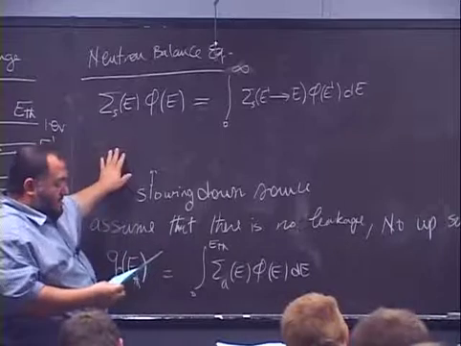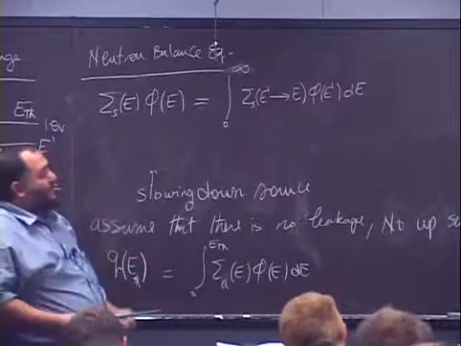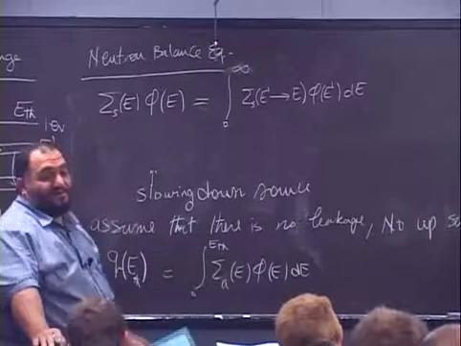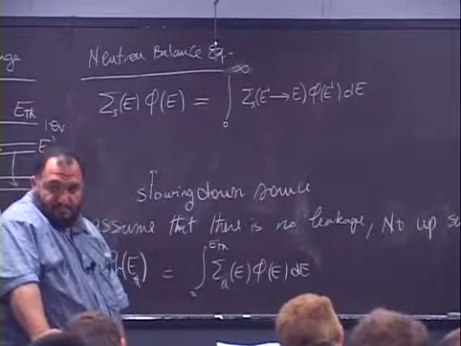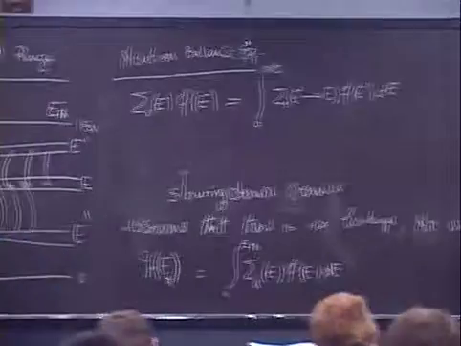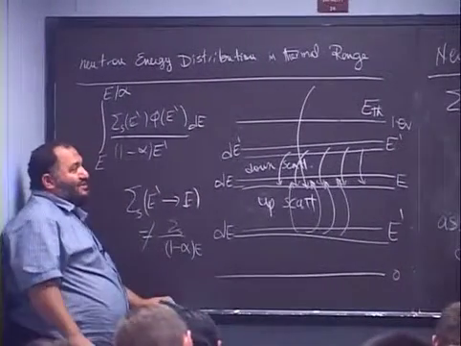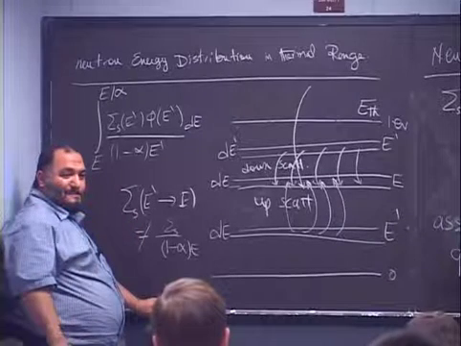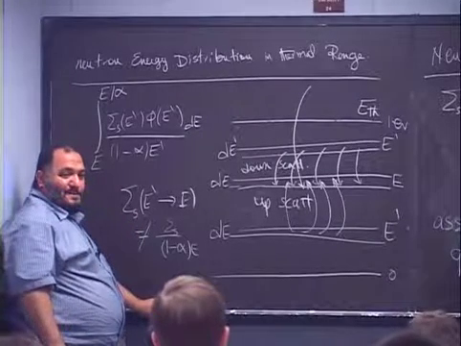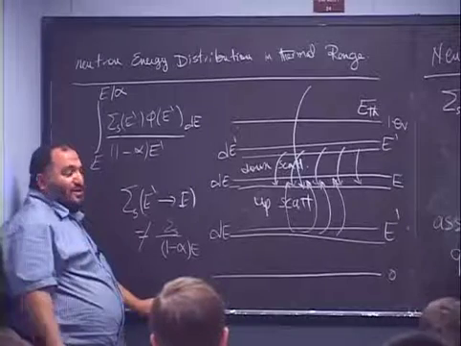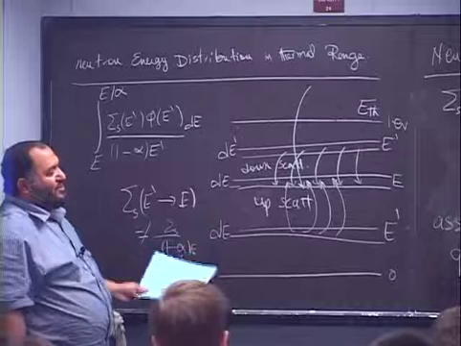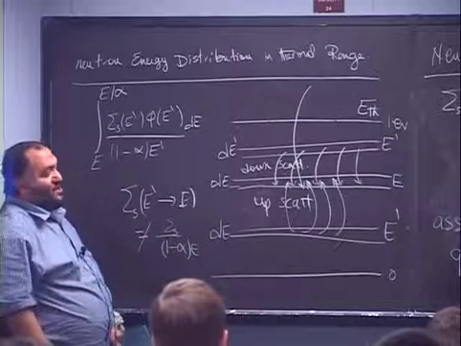So what does this mean? Can somebody tell me what this is? Sigma scattering at energy E multiplied by phi of E. What does it mean? Scattering events from the energy E. Sigma scattering at energy E prime, whether it is up or down scattering, phi of E prime dE prime from 0 to infinity.